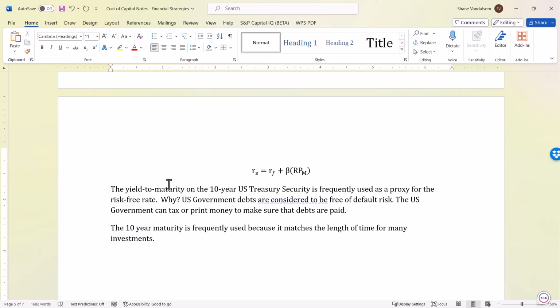Some people do use the yield on the 1-year U.S. Treasury, and that's fine to do. You just have to make some other adjustments to the market risk premium in order to do that.